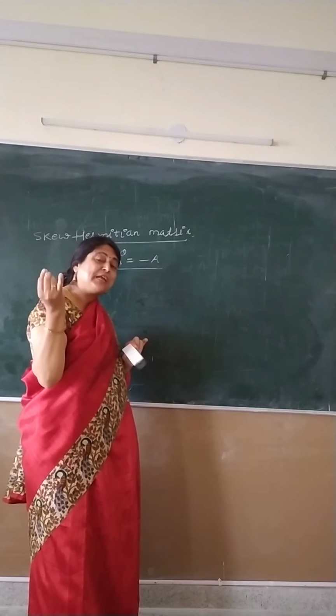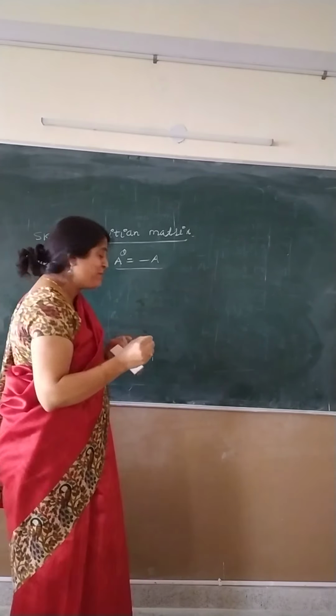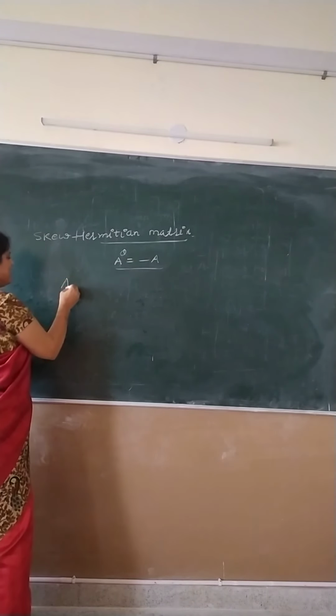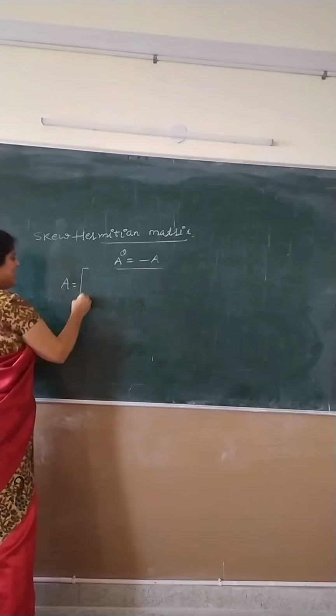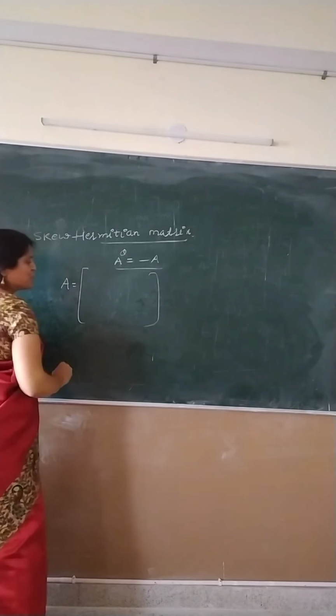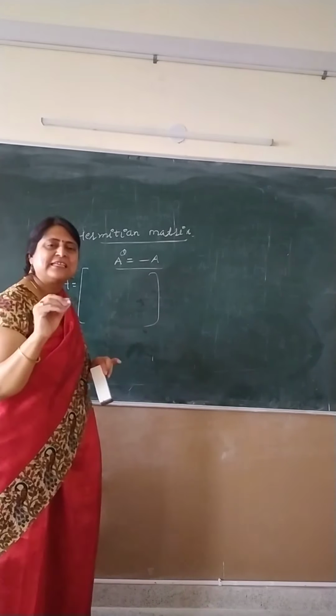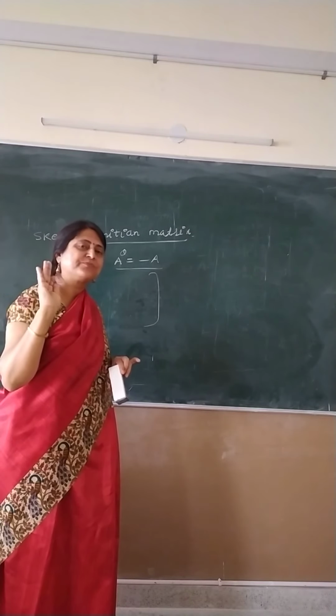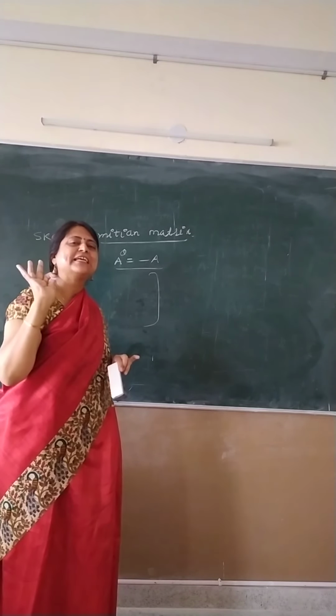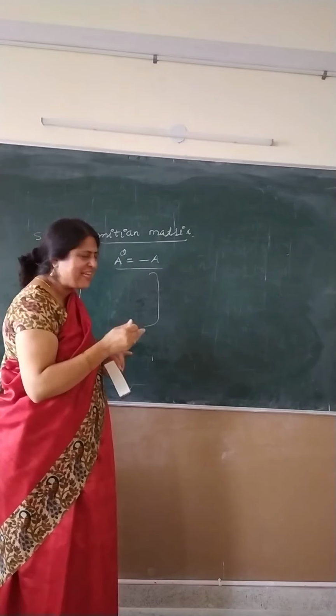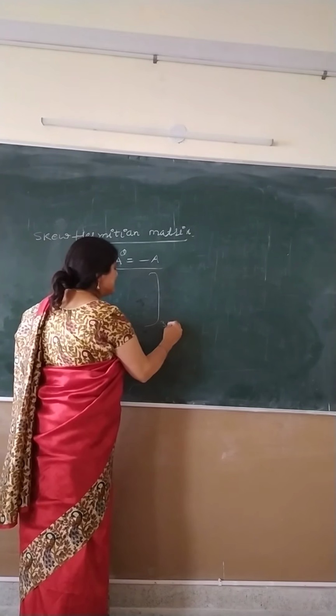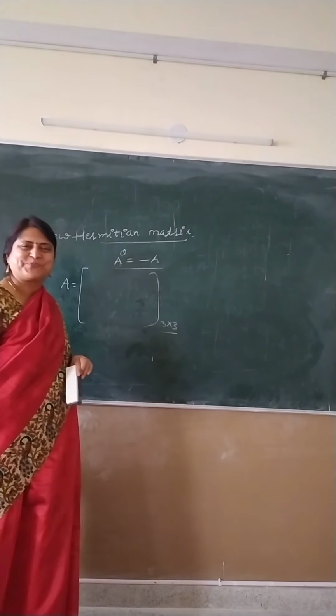How can you write example of skew Hermitian matrix? I am taking here matrix A. First of all, skew Hermitian matrix should be square matrix. I am taking here example of 3 by 3 order matrix.